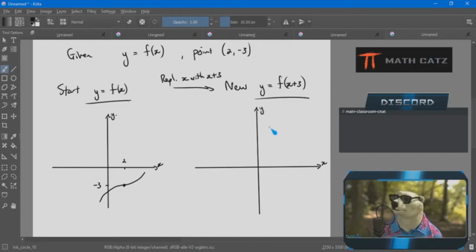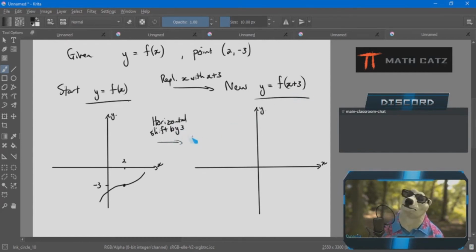Now, it's a little bit more abstract than working with a specific y equals x squared, but nothing changes. When I do this replacement transformation, what happens to the graph is a horizontal shift, the same argument as for the parabola, by 3 units.